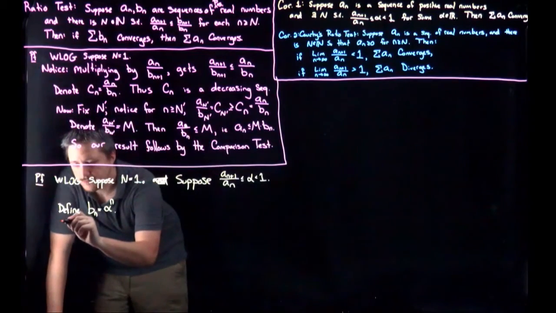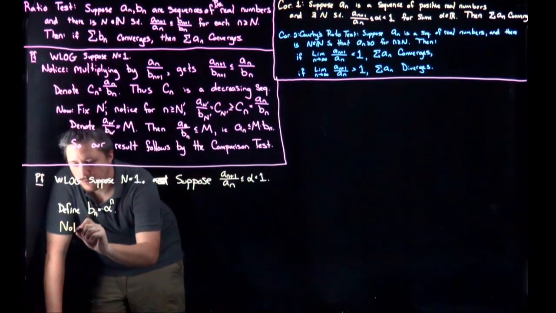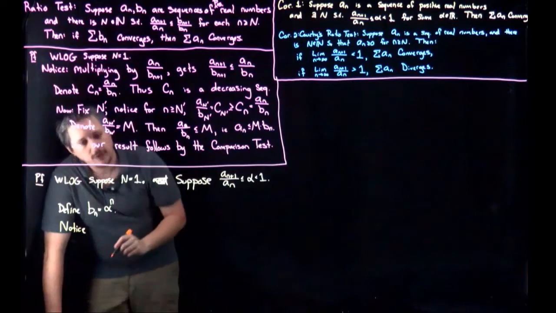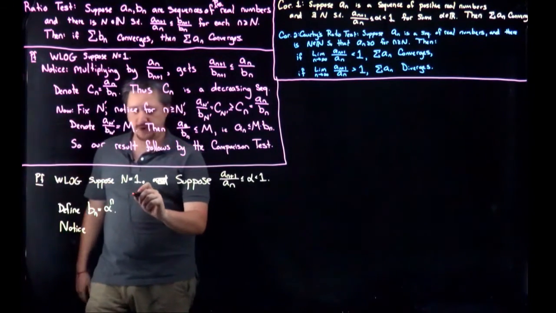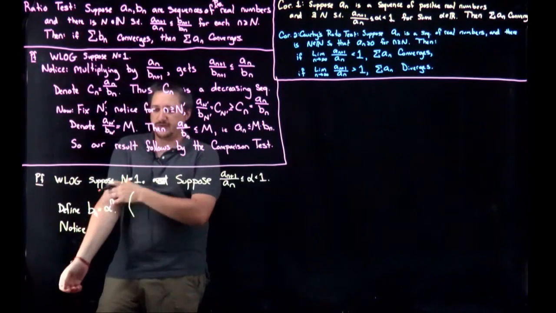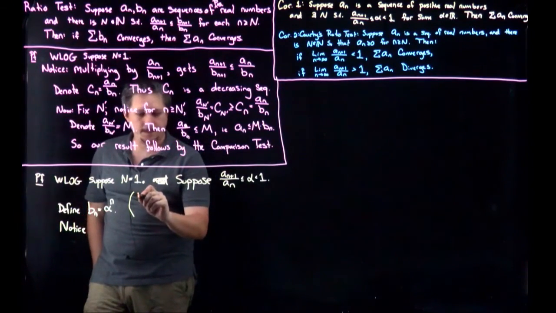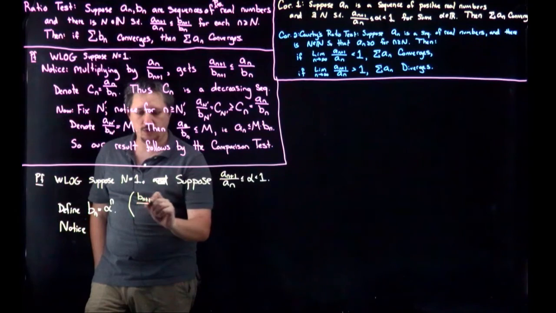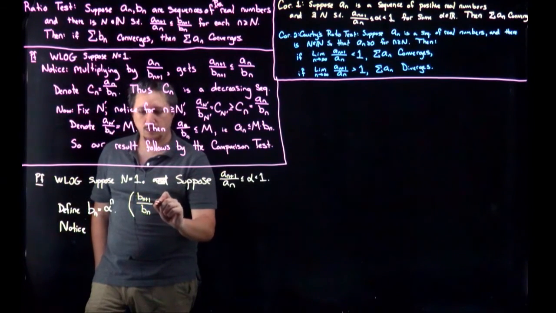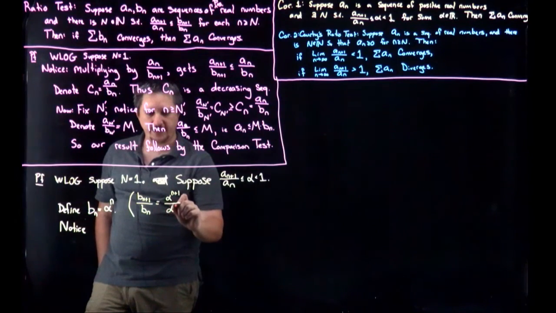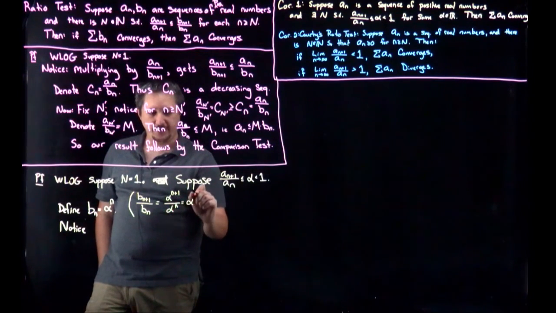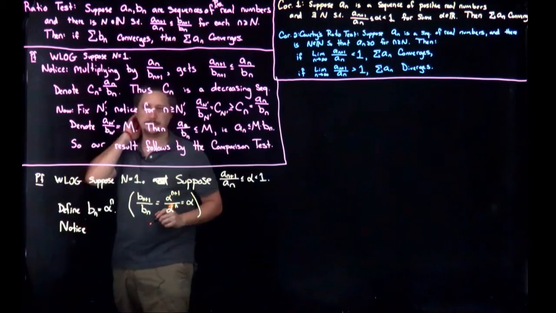Notice, so I don't need to write this in the proof, but I'm going to point it out just for pedagogical reasons here, that if I took bn plus 1 over bn, well, that's alpha to the n plus 1 over alpha to the n, which is alpha, right?